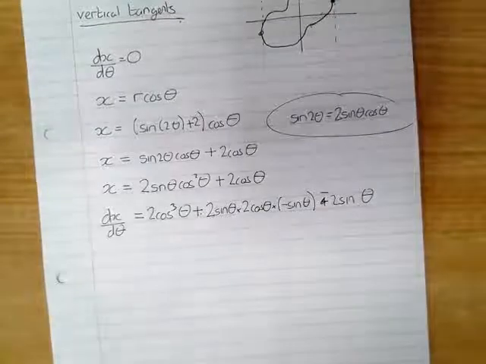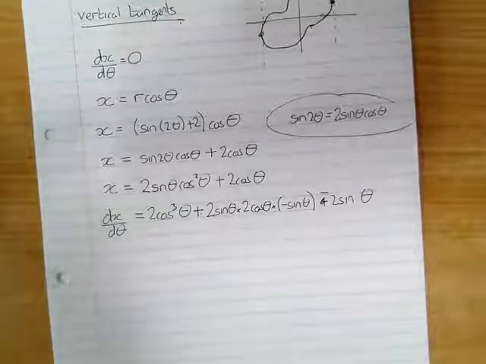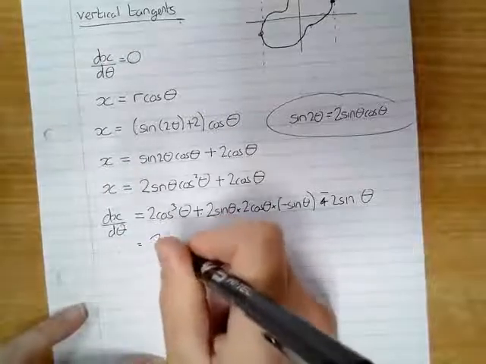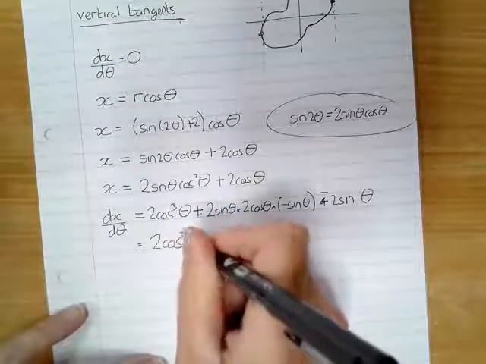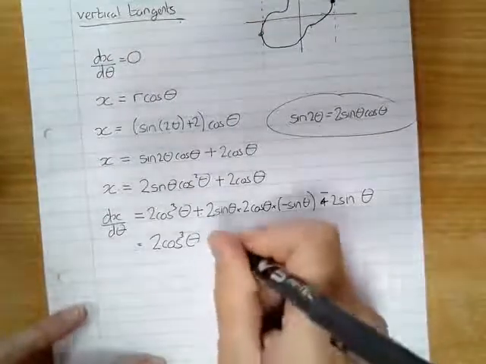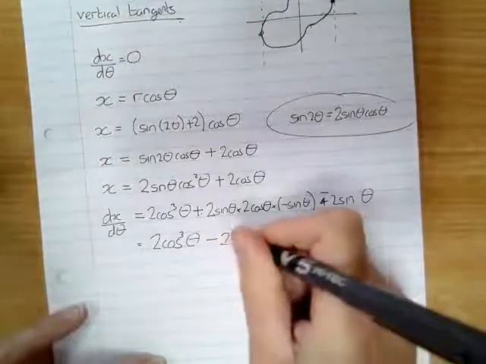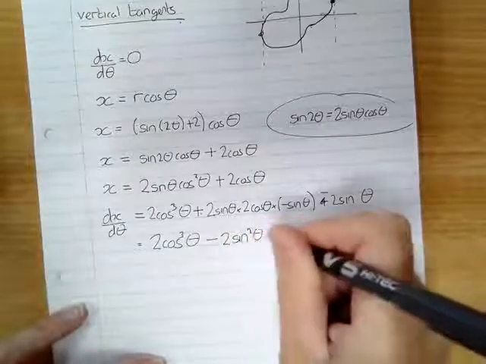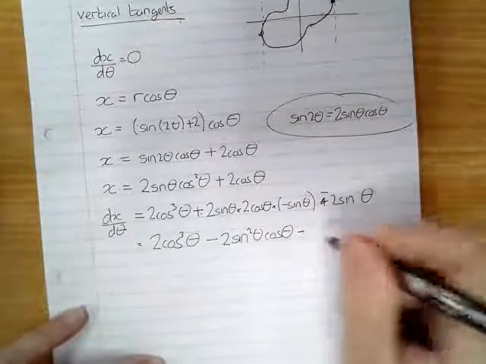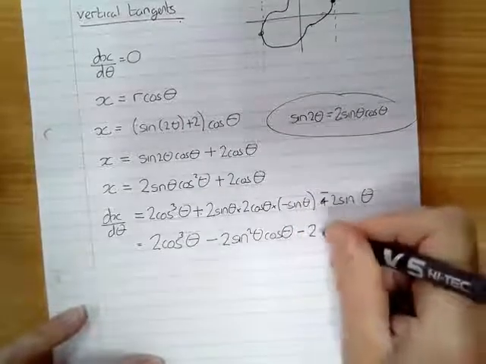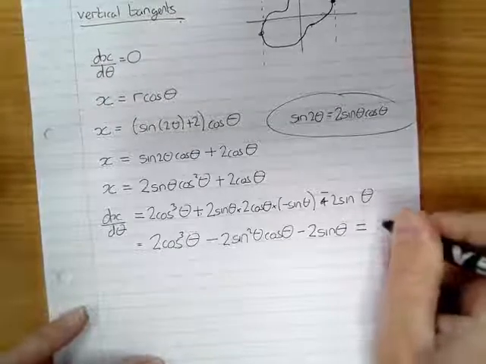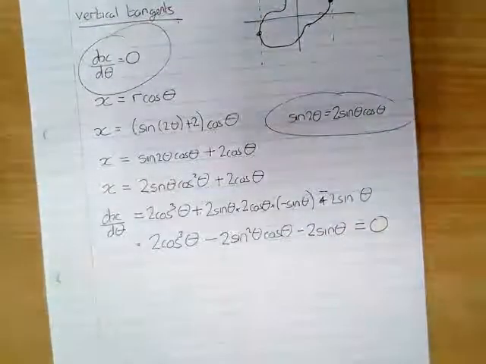Went a bit quick there, so you might need to replay that a few times just to make sure that makes sense to you. Let's have a little bit of a tidy up. So what have we got? We've got 2 cos cubed theta, and then minus 2 sine squared theta cos theta, and then minus 2 sine theta, and all of that is equal to 0 at the point that we're interested in finding.